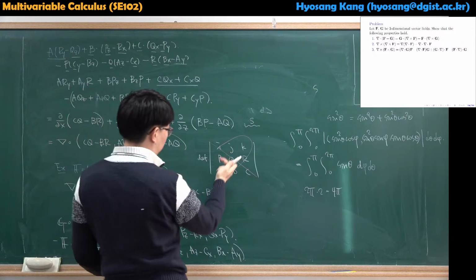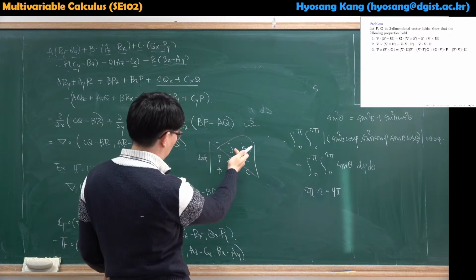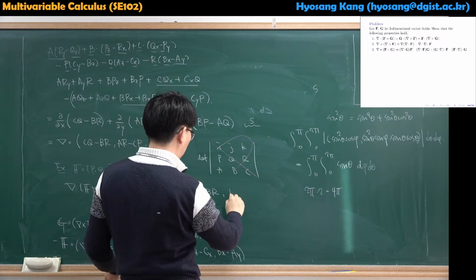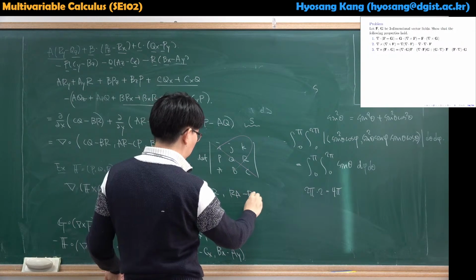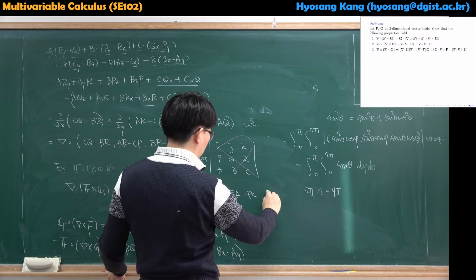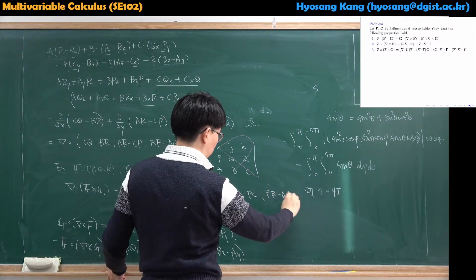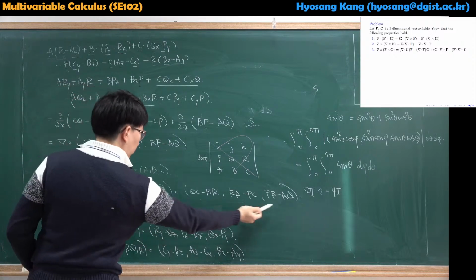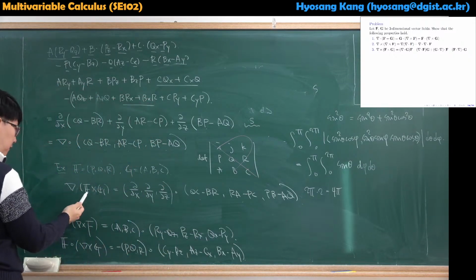And then what about the J coordinate? We take AR minus PC. And then for K, we have PB minus AQ. Okay. So these three terms are the coordinates for F cross G.